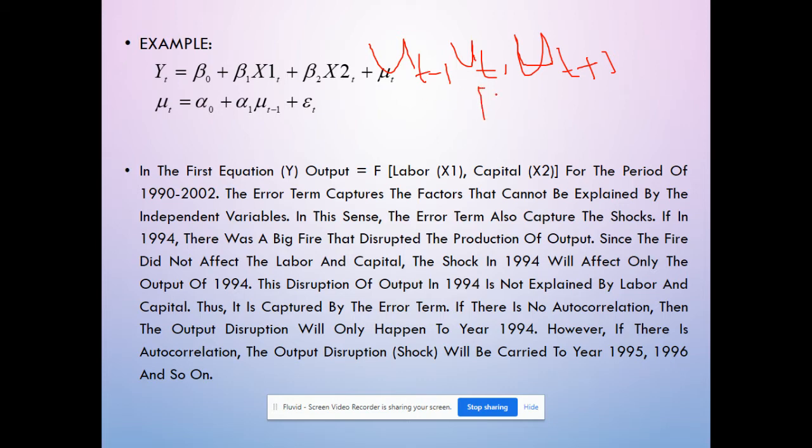So what this assumption says is that these error terms are not correlated with each other. The past value of the error term is not supposed to have any correlation or relationship with whatever happens today.